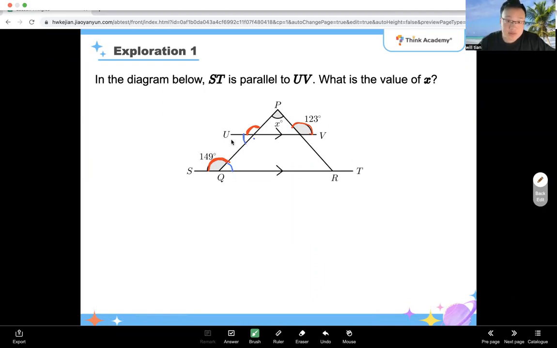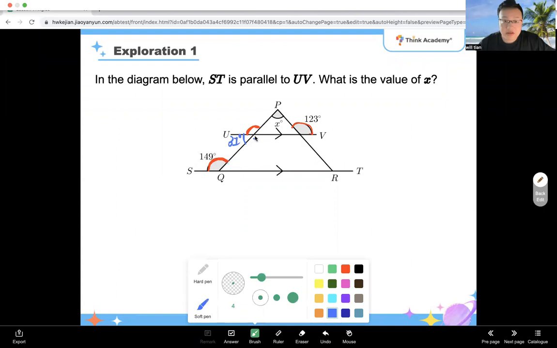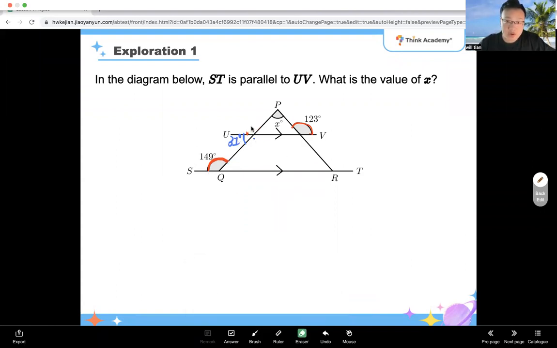Yes, it's 31 degrees. How do you know that it's 31? Because on the other side of the 149, it's 31, and we call that co-interior angles, right? Very good. Co-interior angles add up to 180 degrees.